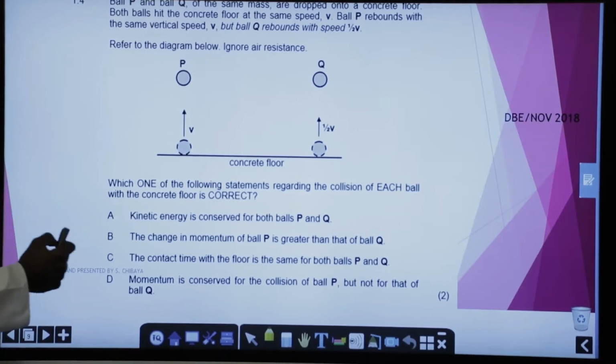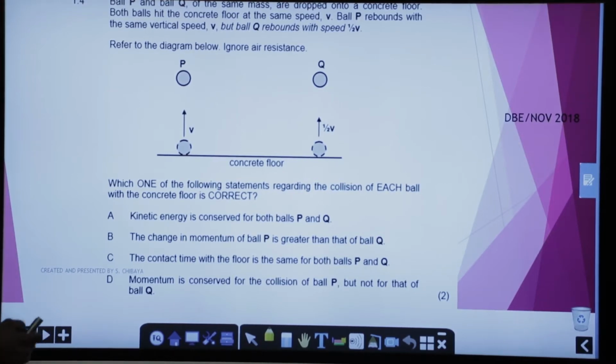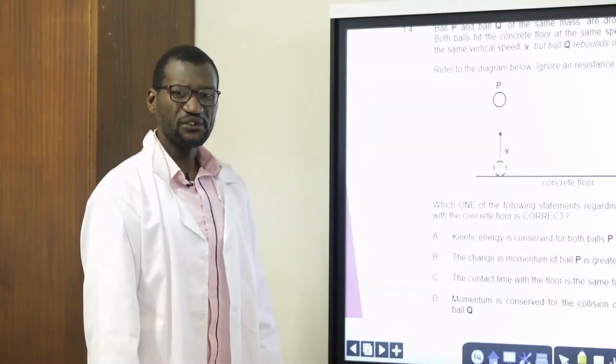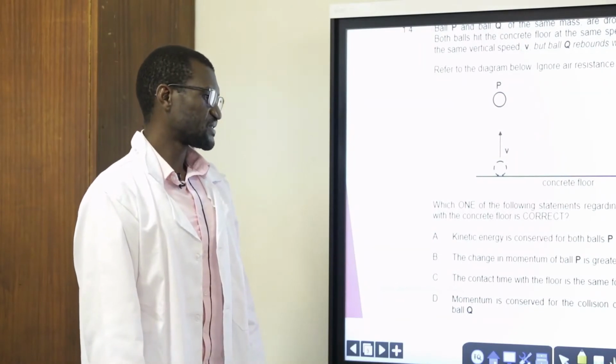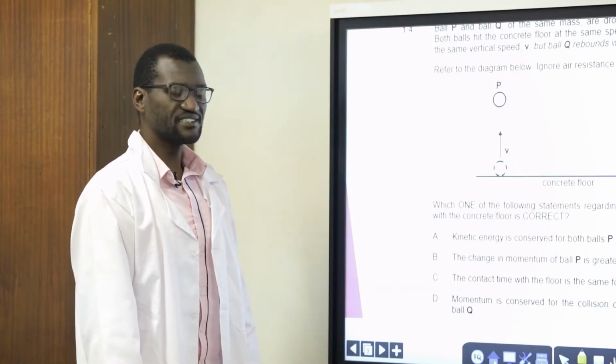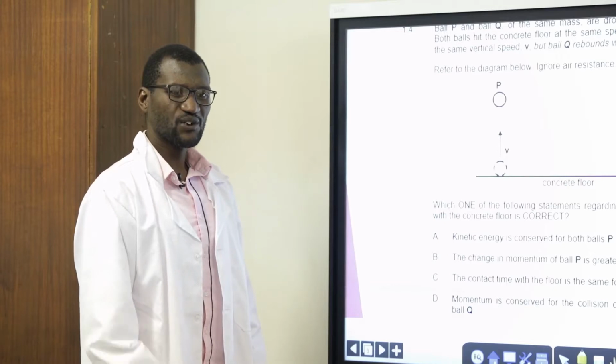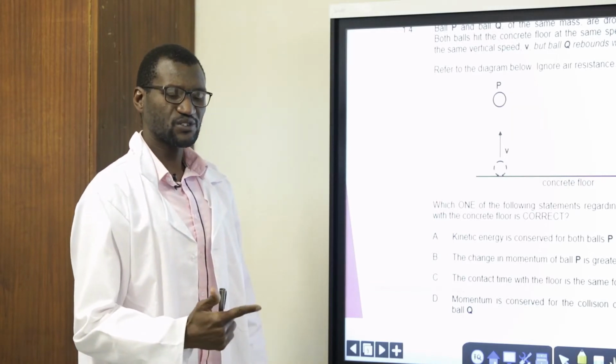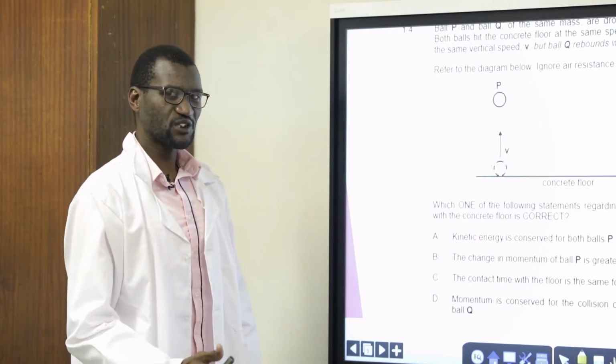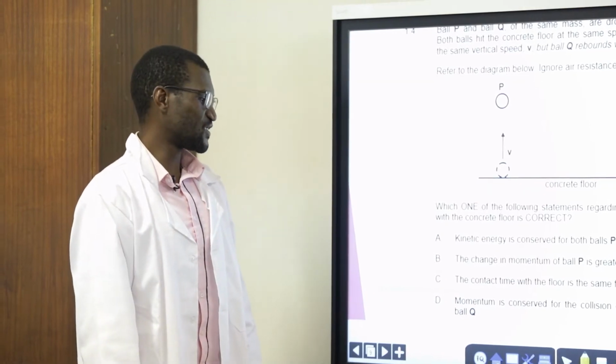Which one of the following statements regarding the collision of each ball with the concrete floor is correct? Look at the answers. Read them. Which one makes sense to you, according to the laws, the principles, and the equations that we have looked at?